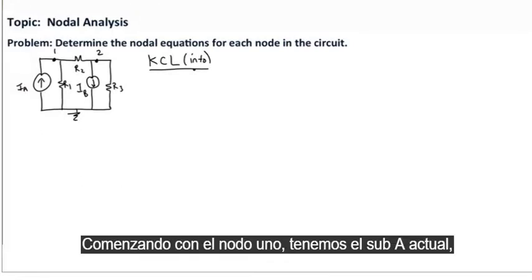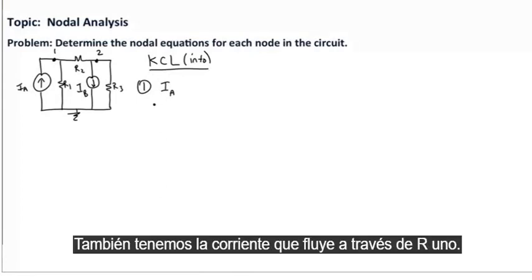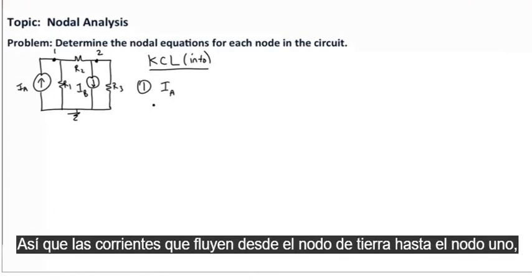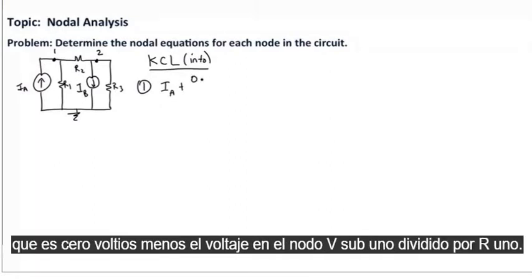Starting with node 1, we have the current I sub A, which is flowing into node 1, so we have I sub A. We also have the current flowing through R1, so the current's flowing from the ground node up to node 1. That's going to be the ground node, which is 0 volts, minus the voltage at node 1, V sub 1, divided by R1.